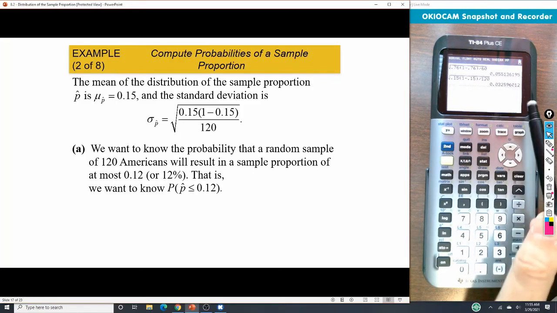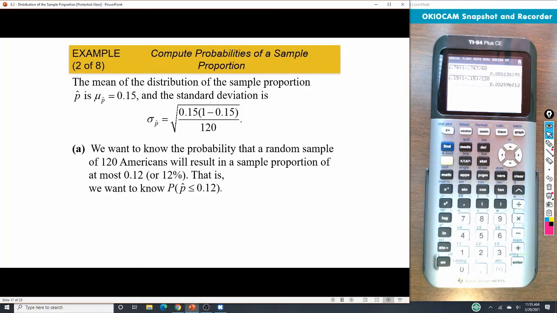We want to know the probability that the sample proportion is at most 12% or 0.12. So we are doing the probability of p being less than or equal to 0.12. Now, we know that this is going to be normal, right? So we can use our normal distribution for these pieces.